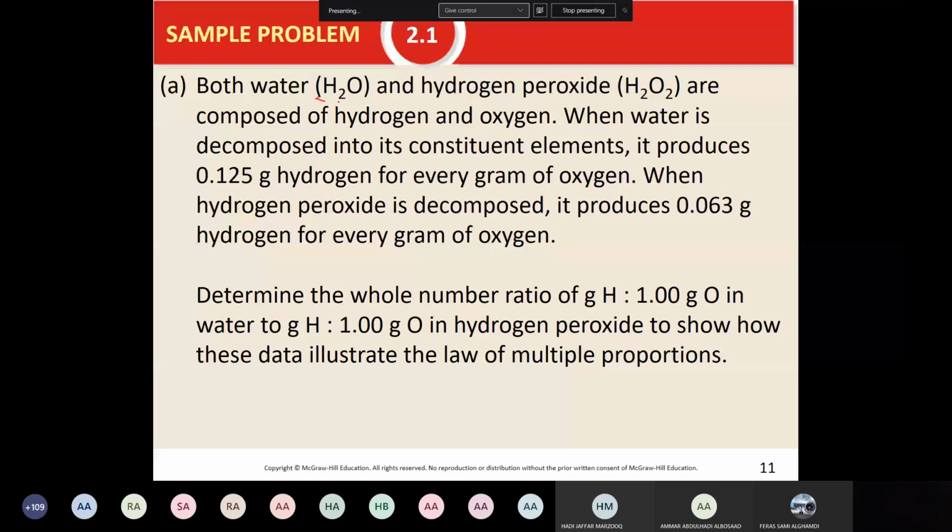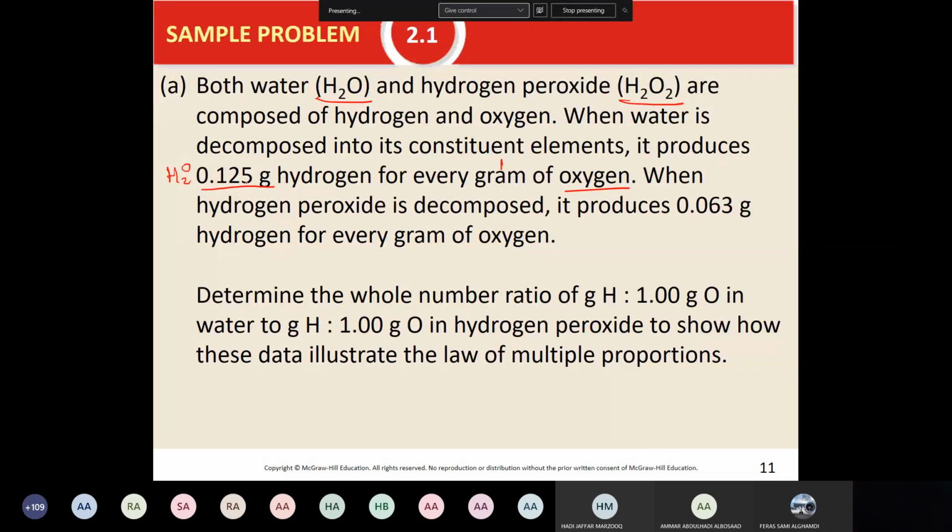Now, water consists of H2O and H2O2. What's the mass of water? We found that in water, H2O, we have 0.125 gram of hydrogen for 1 gram of oxygen.